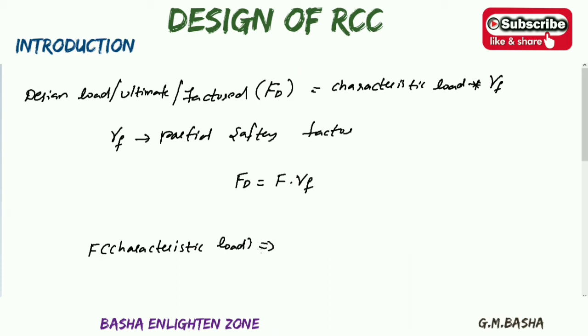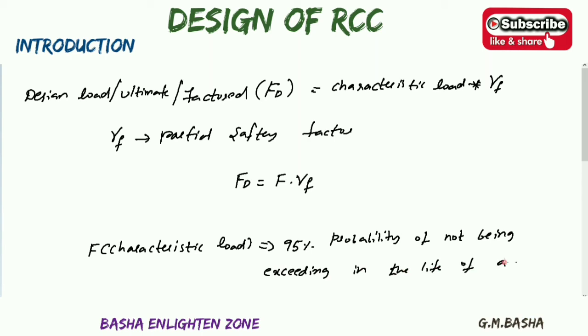Characteristic load is the load which has 95% probability of not being exceeded in the life of a structure. So what is characteristic load? The load which has a 95% probability of not being exceeded in the life of a structure.